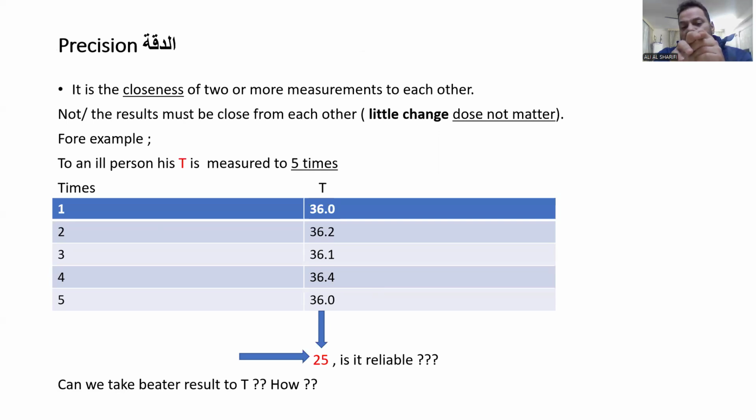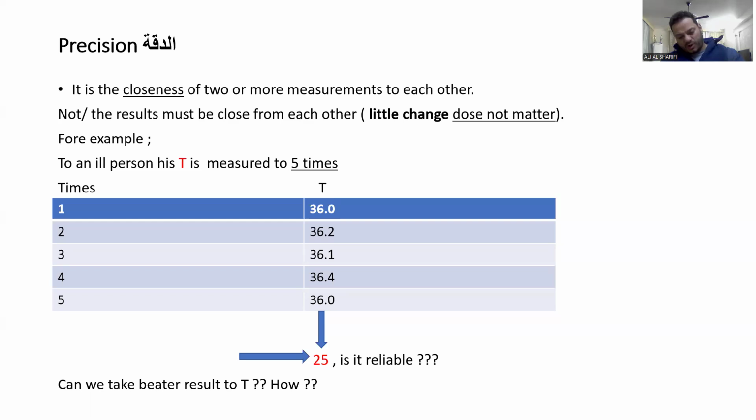Accuracy is done. Let's talk about precision, and after that we will do a simple comparison between them. Precision is the closeness of two or more measurements. Here it's different. When I talked about one fact, the weight of my phone, I said it's, for example, 300 grams.